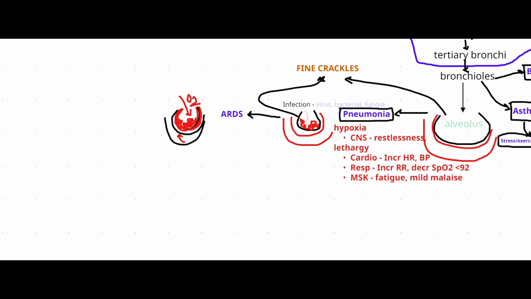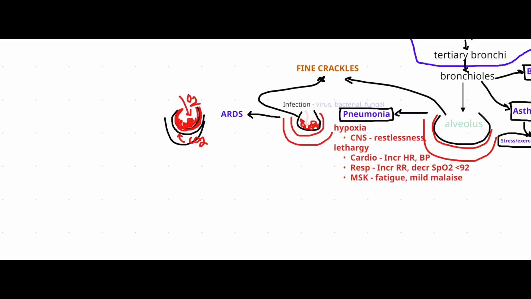Okay. So now we're going to have a little bit more of the signs and symptoms. Here in pneumonia, of course, if this is infectious, we already know we're going to have fever as well, right? We already know we're going to have problems with our CBC, as we indicated earlier.